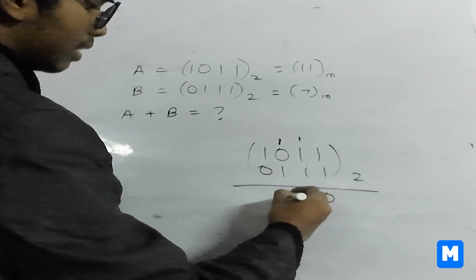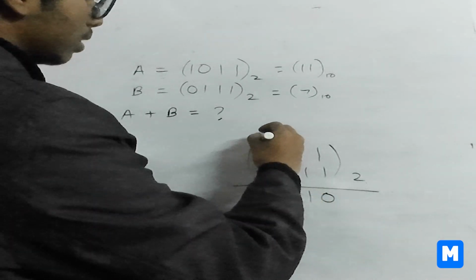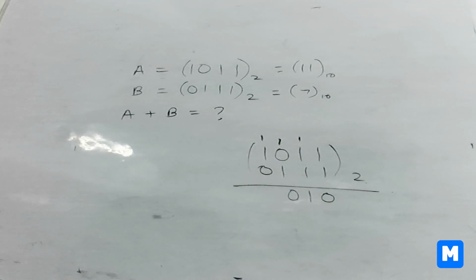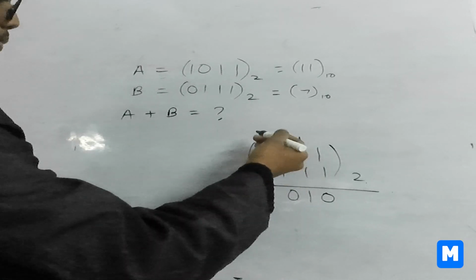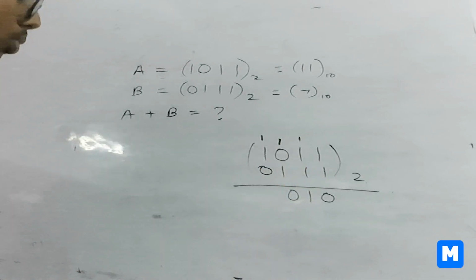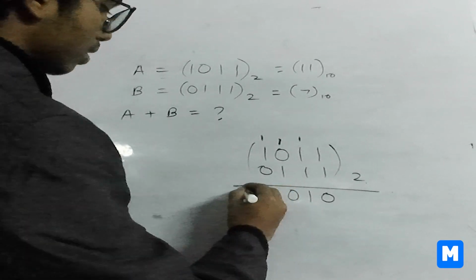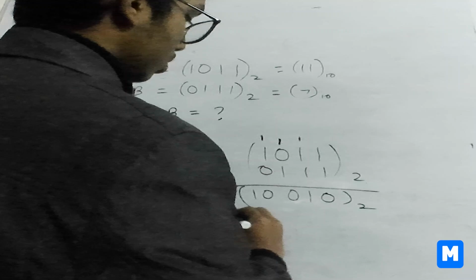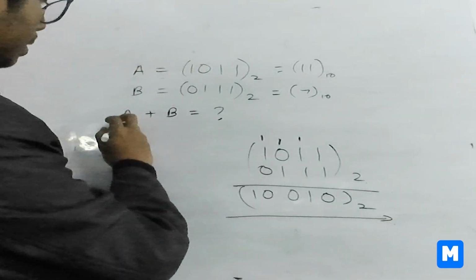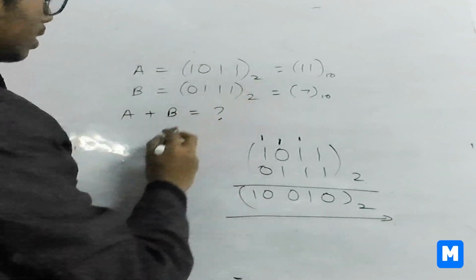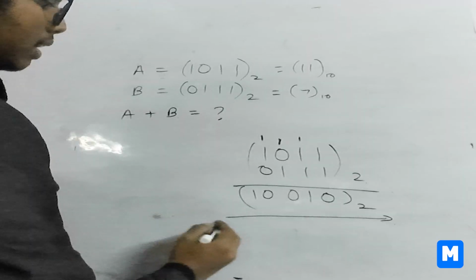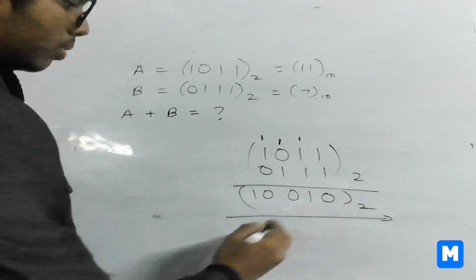So we retain 0 here and carry over the 1. Here again 1 plus 1 plus 0 is 2 in decimal and 10 in binary, so we write 10 over here. So our answer to A plus B, that is 1011 plus 0111, is 10010.